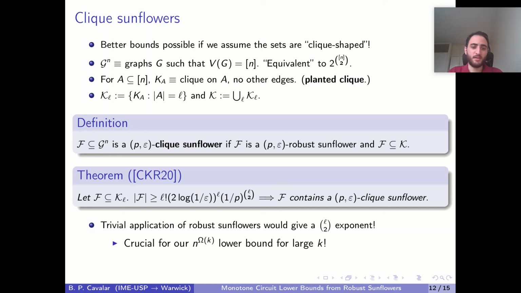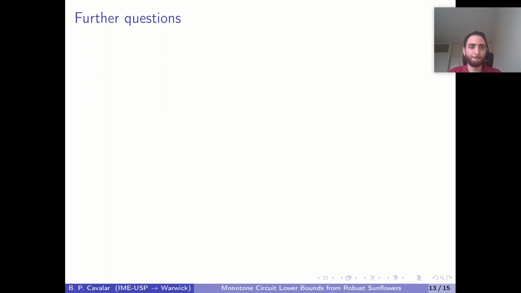Not having this L choose 2 in the exponent is crucial for our n to the omega k lower bound for large k. And the proof of this theorem is similar to Rossman's original bound for robust sunflowers, by using Janson's inequality.